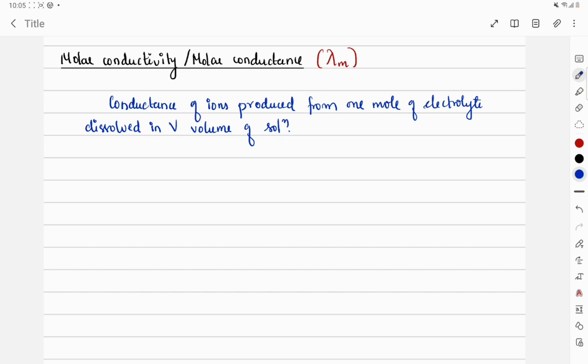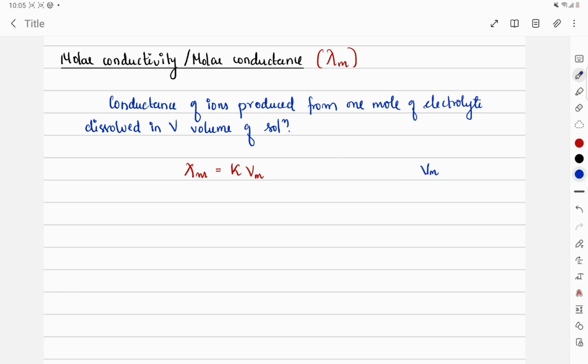Okay, so let's see how the equation looks. Molar conductivity lambda m is the product of conductivity kappa and molar volume. And what is molar volume?